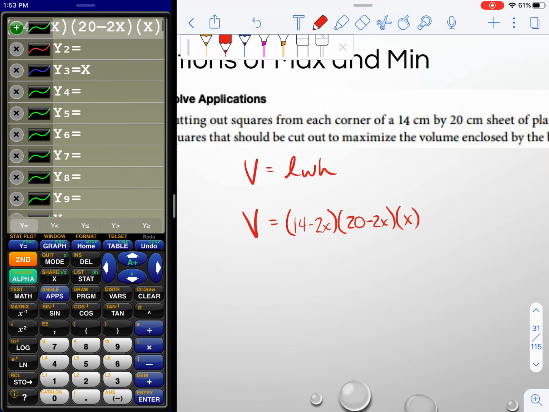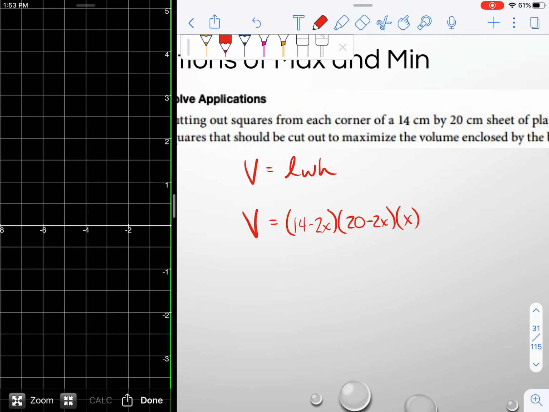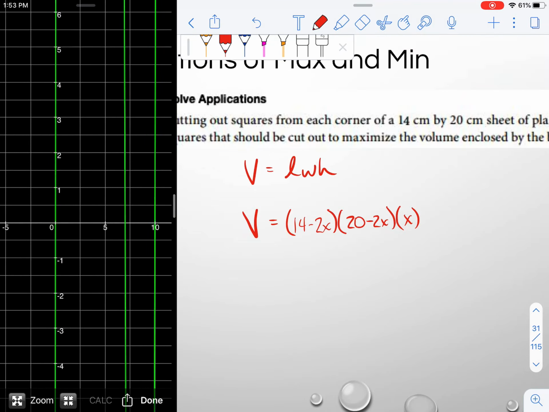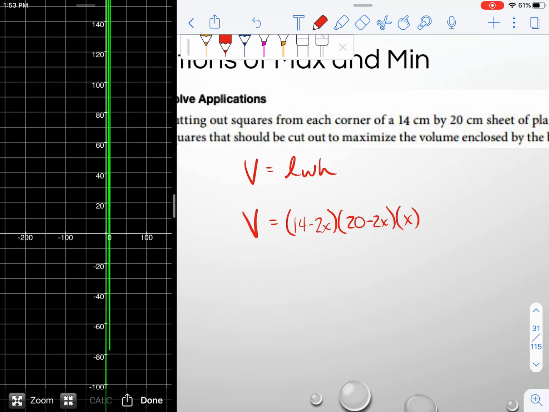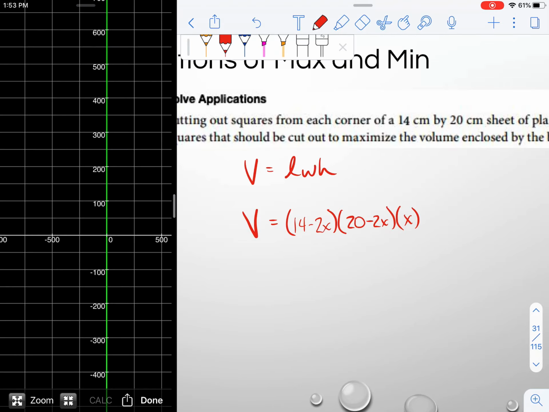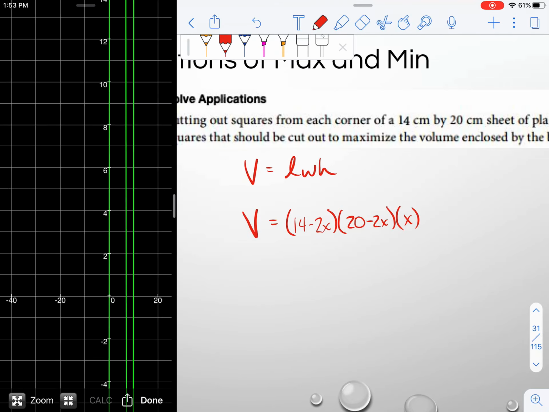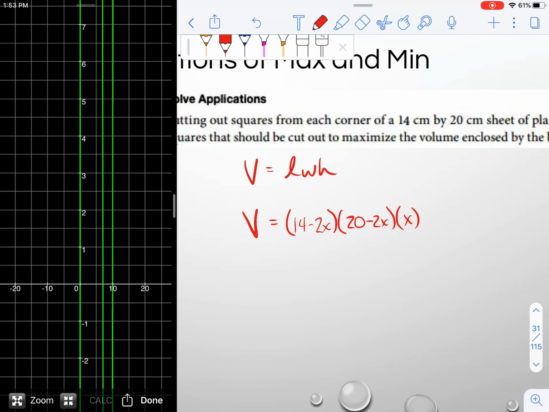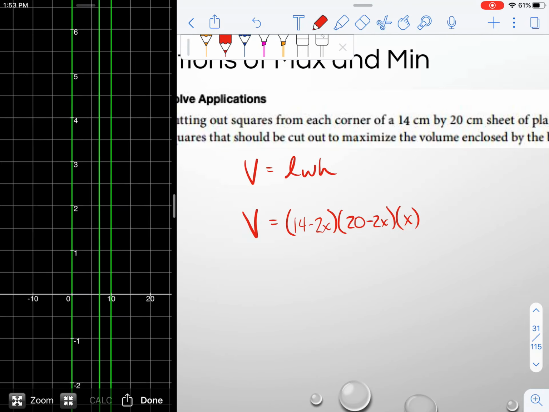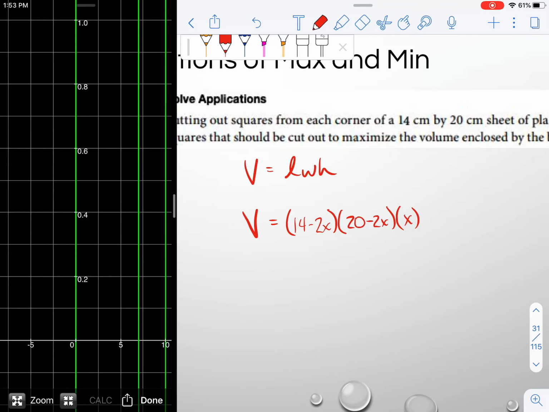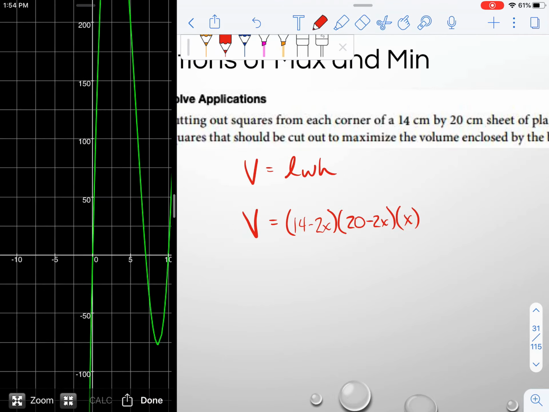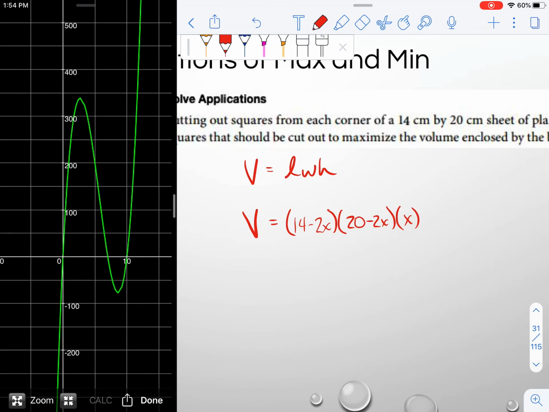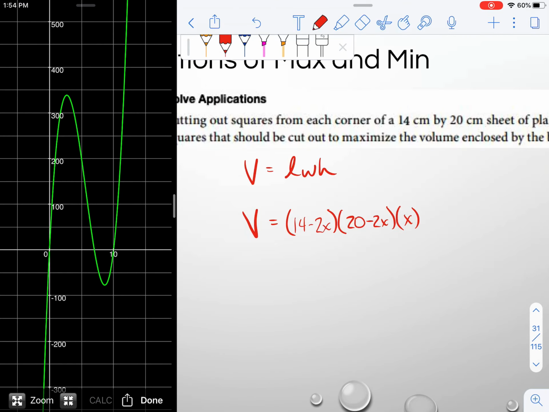Okay, and let's graph it. Okay, so I'm getting a function, right, that I want to do. There we go. I want to manipulate this, so I'm expanding my y-axis, right, but not necessarily my x.